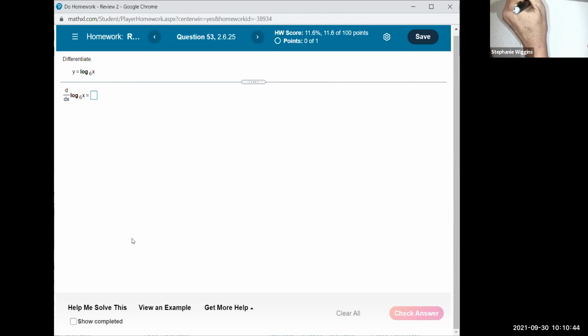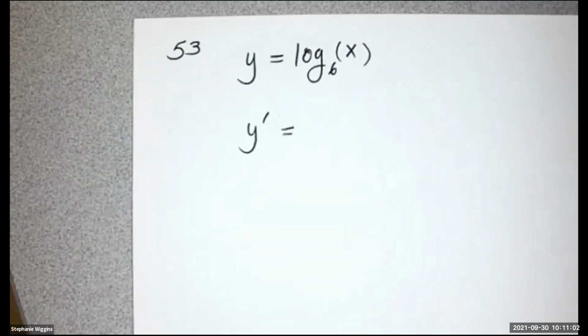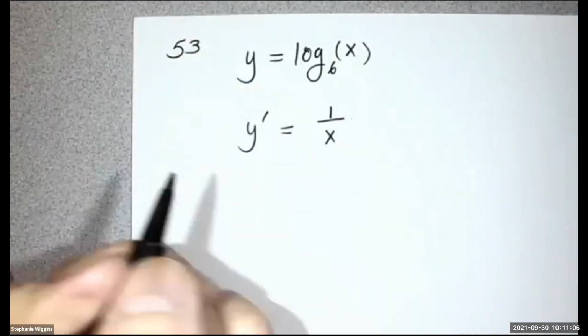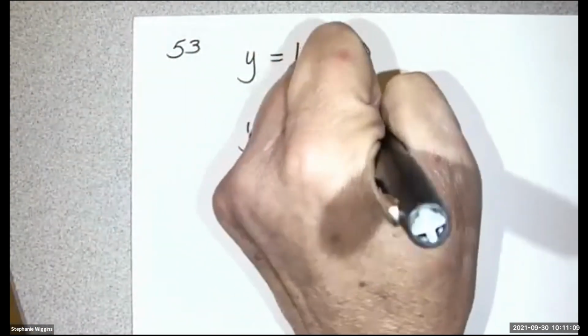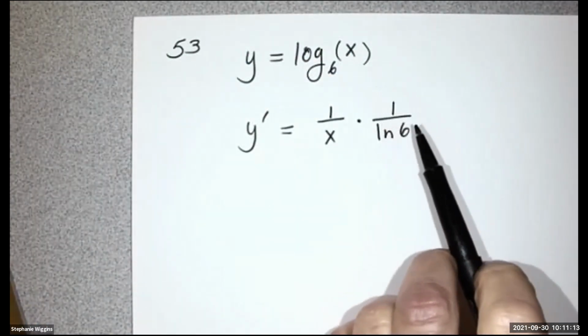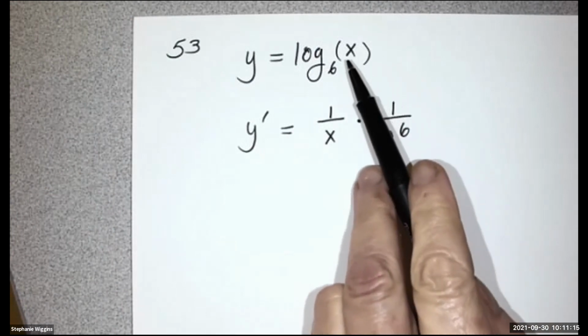So this is number 53. The steps: y equals log base 6 of x. When you're taking the derivative, you take the reciprocal of the inside. So the inside is just x, and the reciprocal of that is 1 over x. Then you multiply by the reciprocal of the natural log of the base. That's step 2. And then step 3 is to multiply by the derivative of the inside.